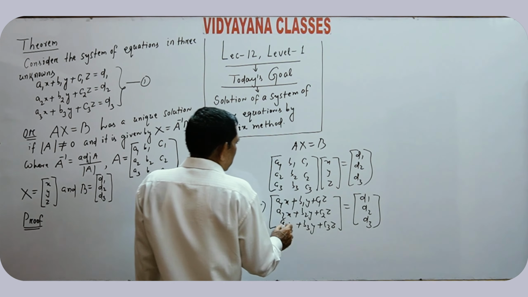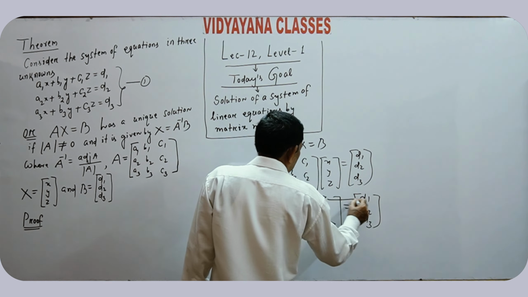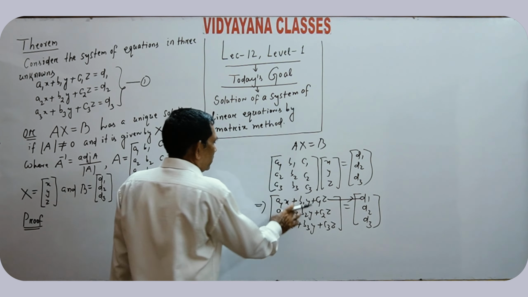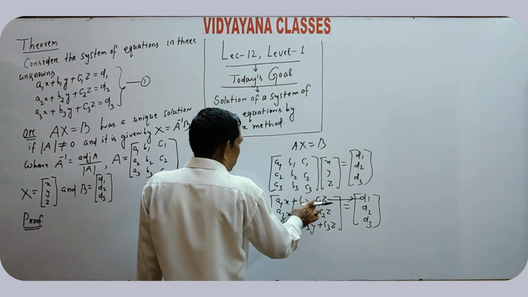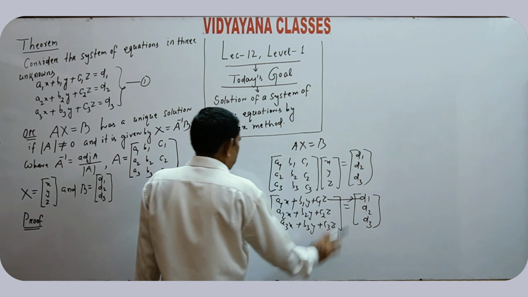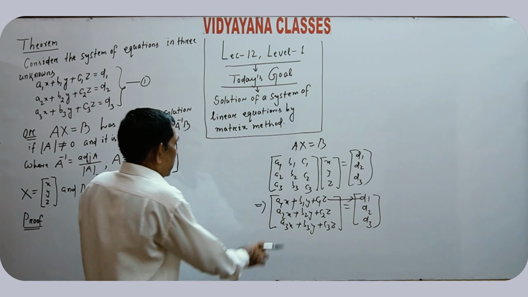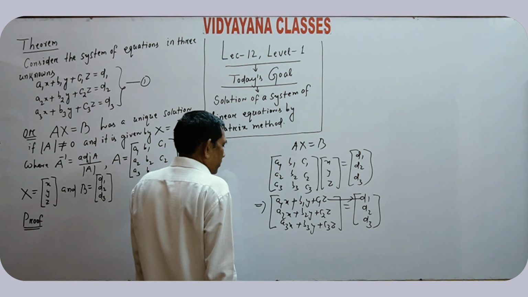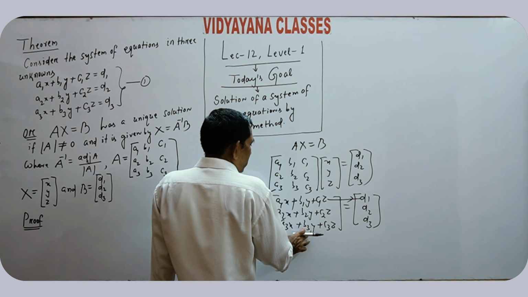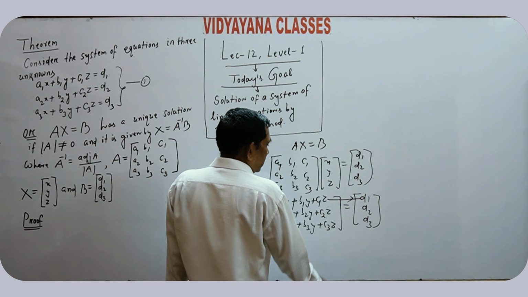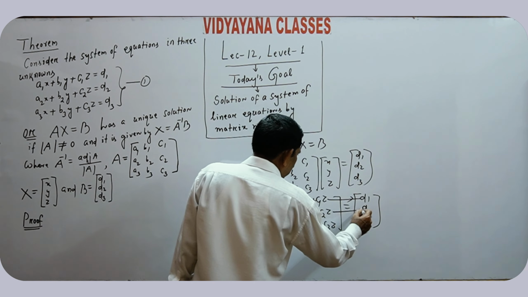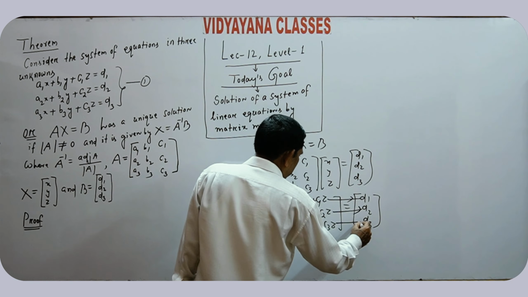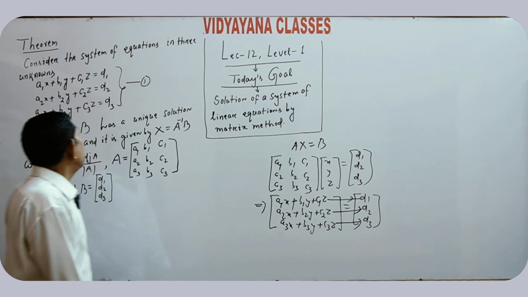Two matrices are equal, their corresponding elements are equal. a1x plus b1y plus c1z is equal to d1. a2x plus b2y plus c2z is equal to d2. a3x plus b3y plus c3z is equal to d3. It is same as this, it is also same as this.